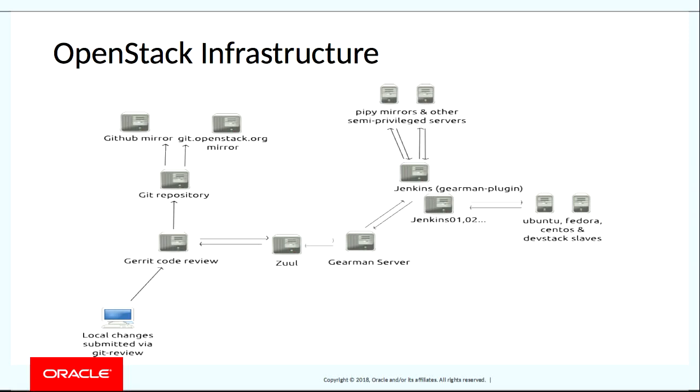And Zuul communicates with the Jenkins master through the Gearman server, and the Jenkins master runs the jobs on its slave nodes. Also, the slave nodes are managed by a tool called Nodepool. Nodepool is a service used by the OpenStack infrastructure to manage many DevStack images on the cloud servers for use in OpenStack project testing.